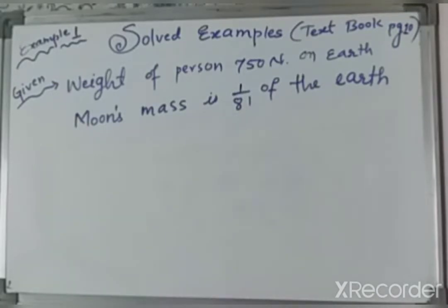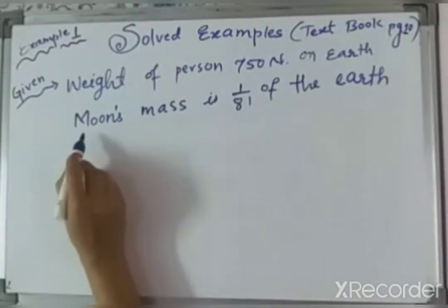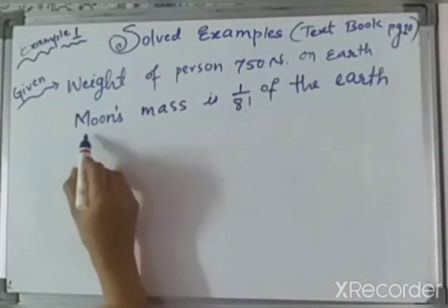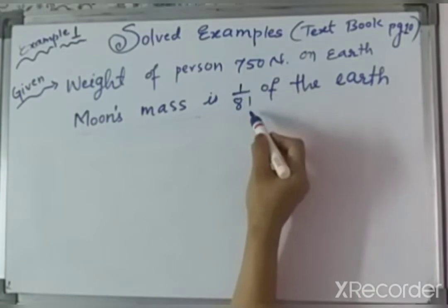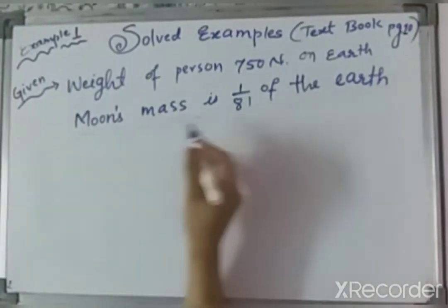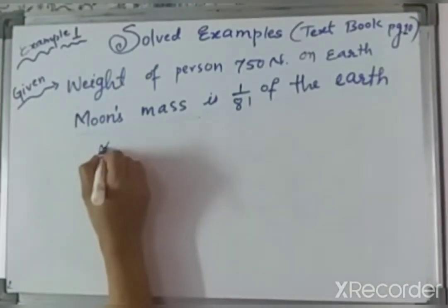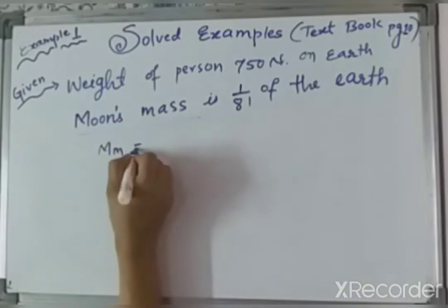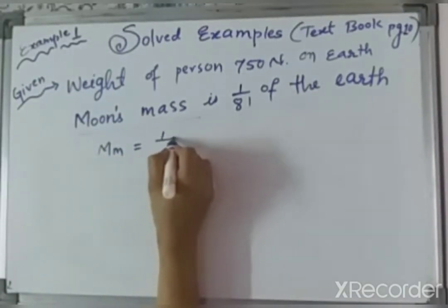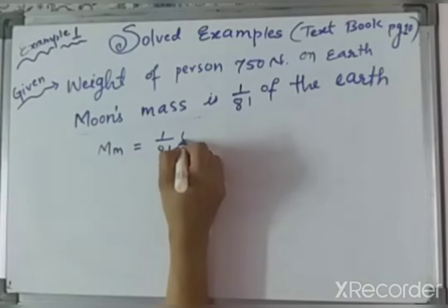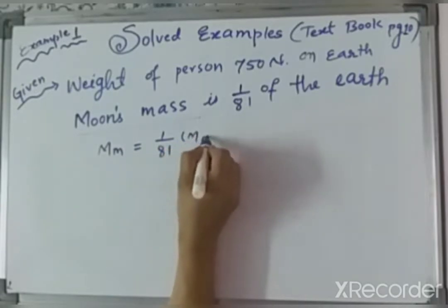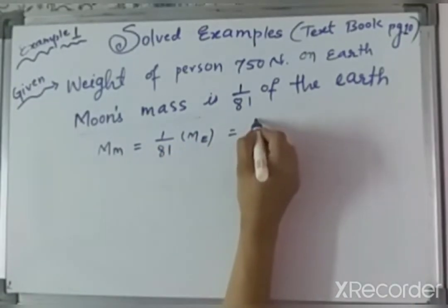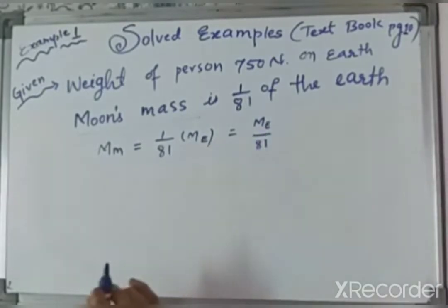For this we are given that the moon's mass is 1 upon 81 of the earth. It means that the mass of the moon is equal to 1 upon 81 of the mass of the earth, that is, mass of earth upon 81.